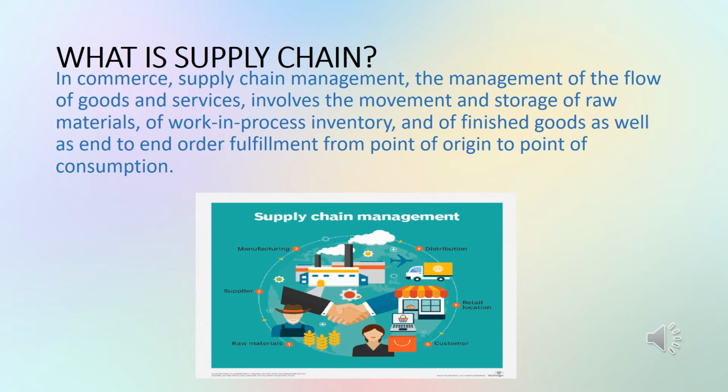It involves the movement and storage of raw materials, of work-in-process inventory, and of finished goods, as well as end-to-end order fulfillment from point of origin to point of consumption. In simple words, supply chain is the management of the flow of goods and services, all the processes that transform raw materials into final products.